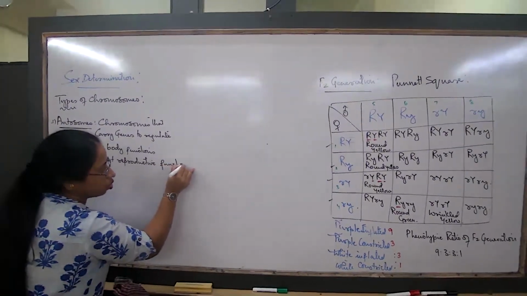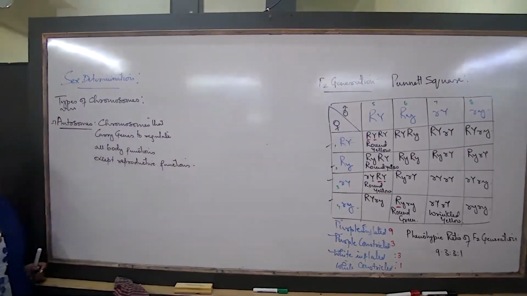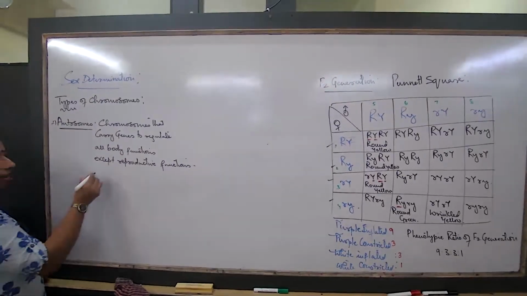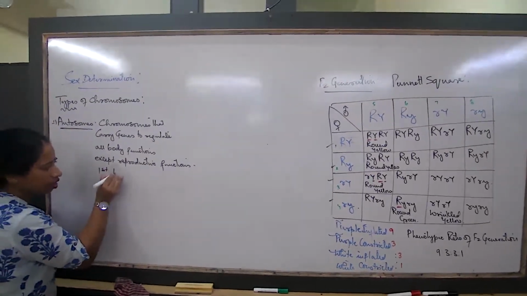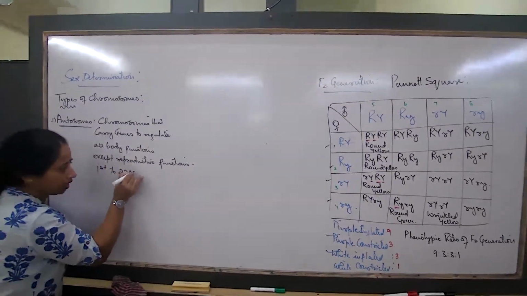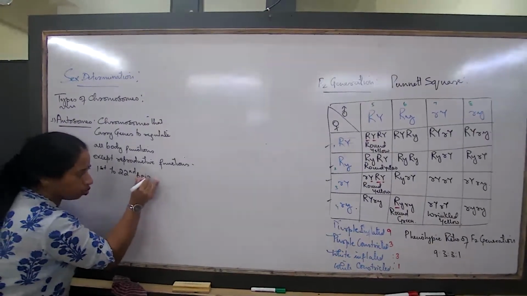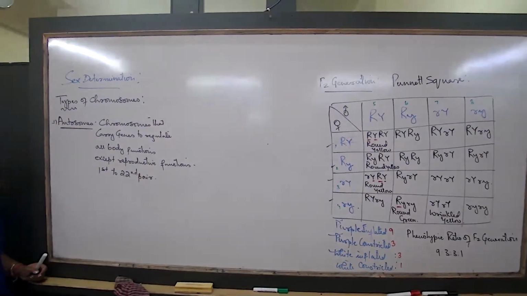Which are the autosomes in our body? The autosomes in our body are the first to the 22nd pair of chromosomes.